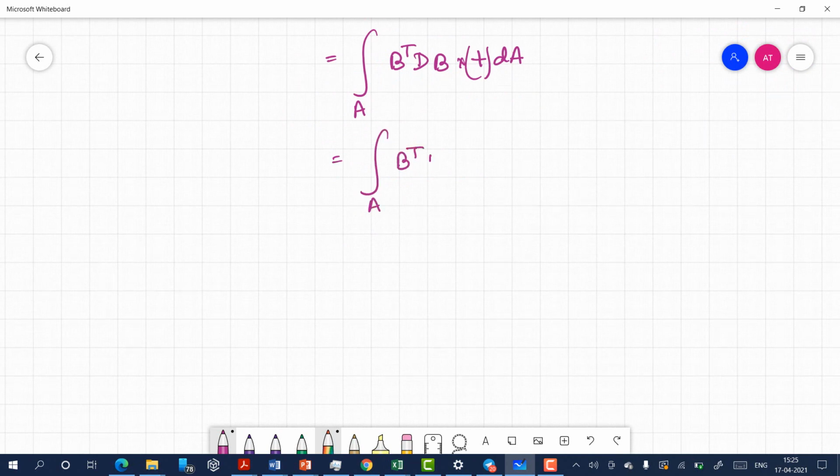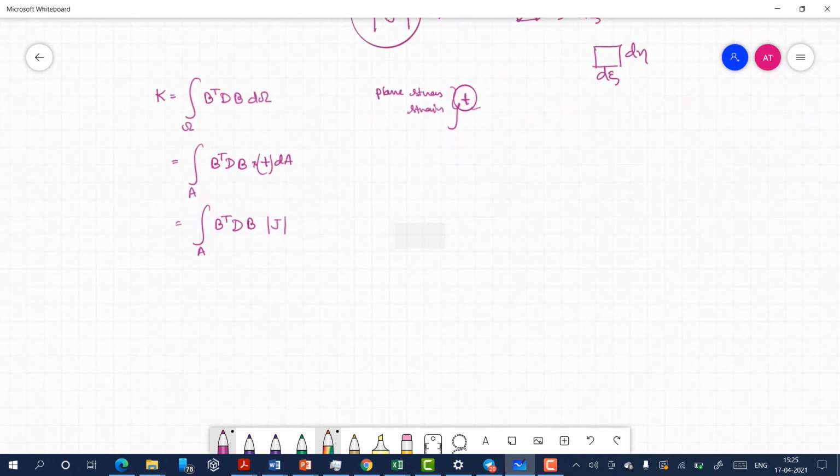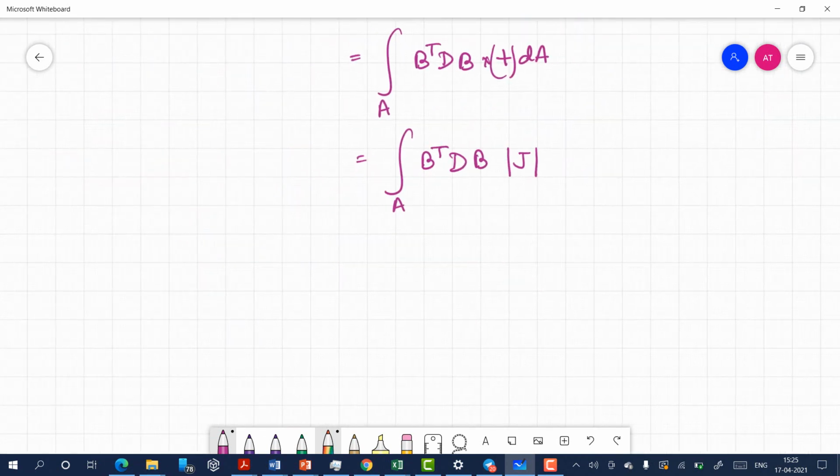B transpose D matrix into B matrix, and now this dA can be written as determinant of J, which is the area of the element, and that relates to the determinant of Jacobian into d zeta into d eta.